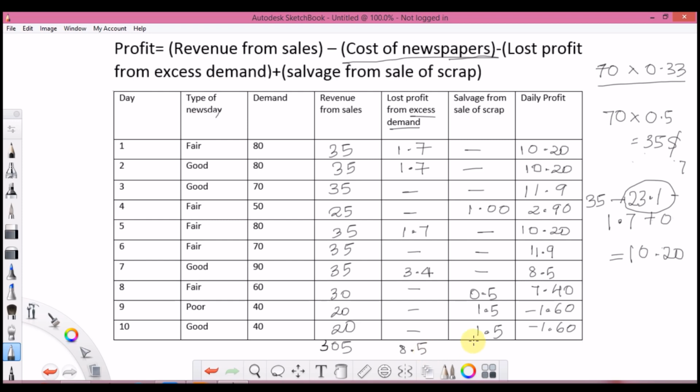When I add this, I get 4.5, and the total profit is 70. So this is how you calculate the total profit at the end of 10 days when you simulate it for 10 days. The newspaper seller problem is solved.